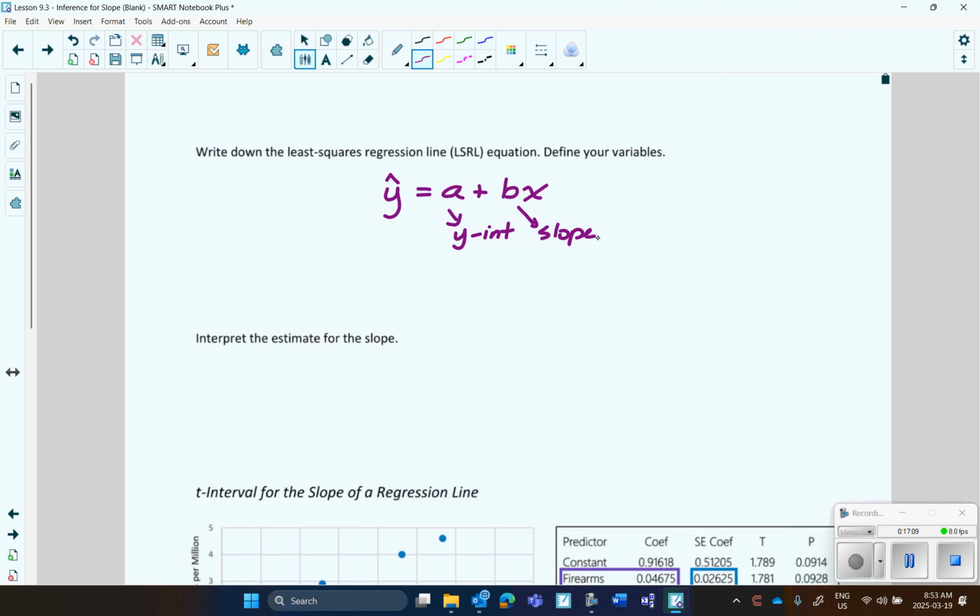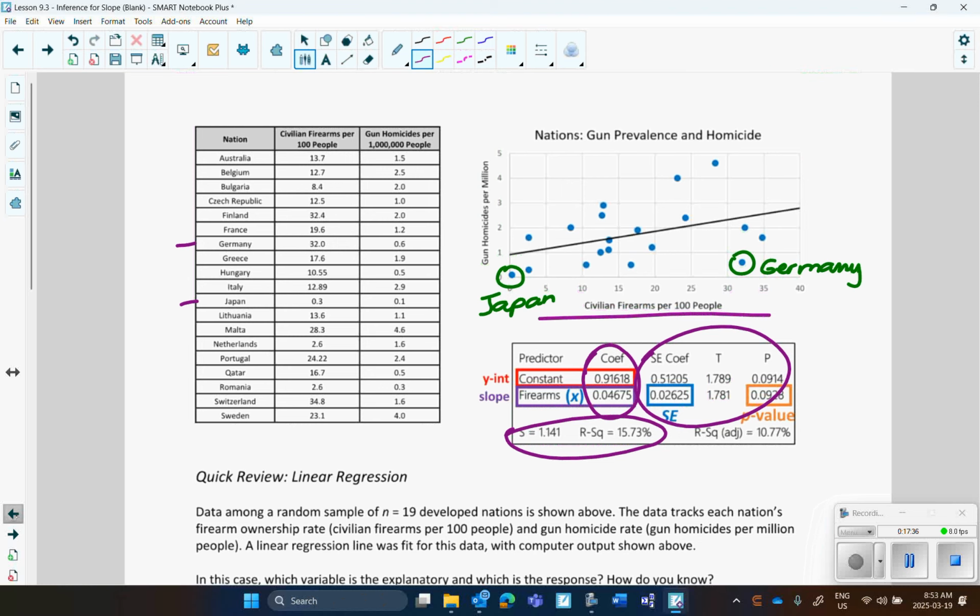This is the slope. This is the explanatory. And this is the predicted response. We can get this equation from the computer output. So let me just erase this stuff to clear things up.